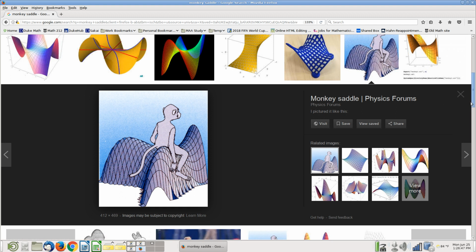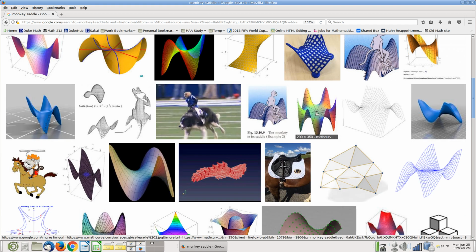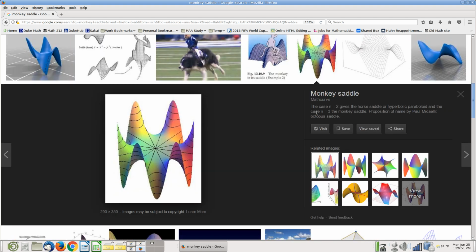And then I saw another one. Here, this is an alien saddle. I don't have a physical image I can show you, but as you go around, it's up, down, like this, but with 6 ups and downs.